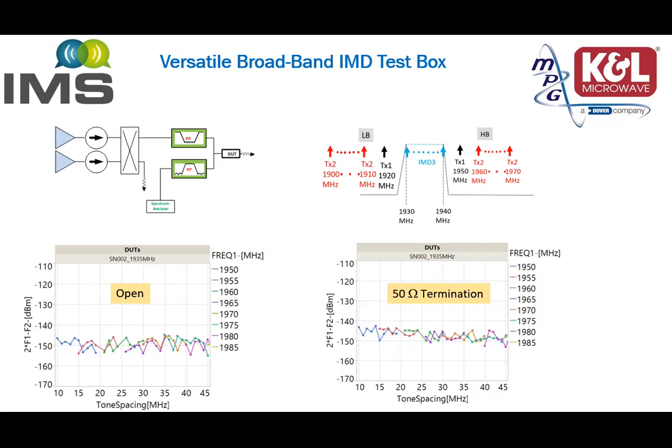Every time TX1 and TX2 are injected, the third-order intermodulation product falls within the bandpass. The data below suggests that we can achieve minus 145 dBm for input signals of plus 30 dBm. That is a minus 175 dBc dynamic range.